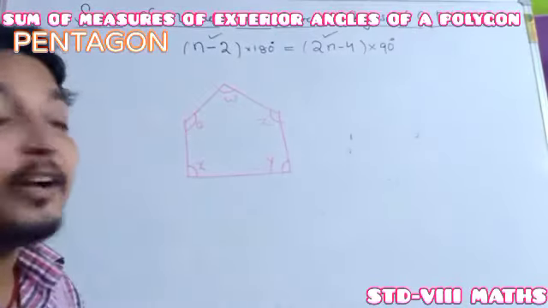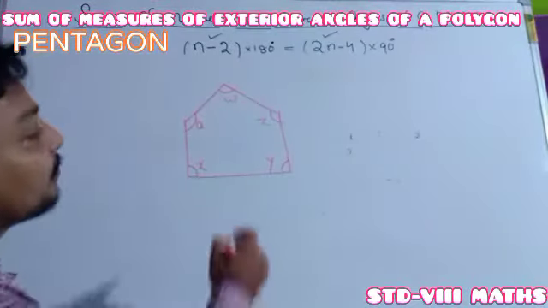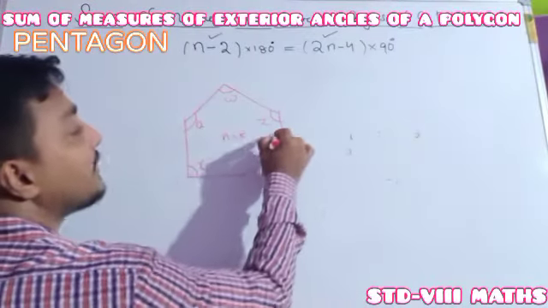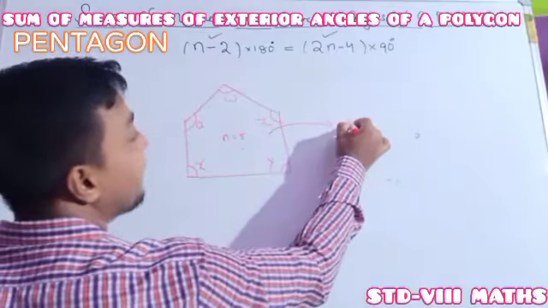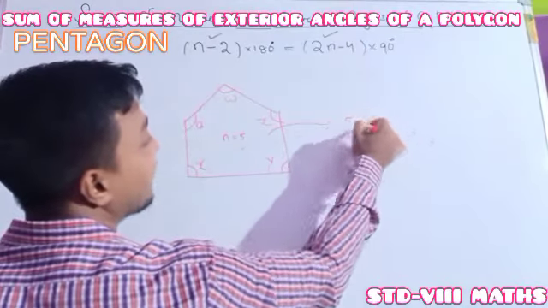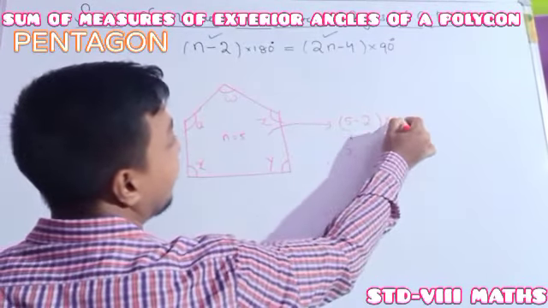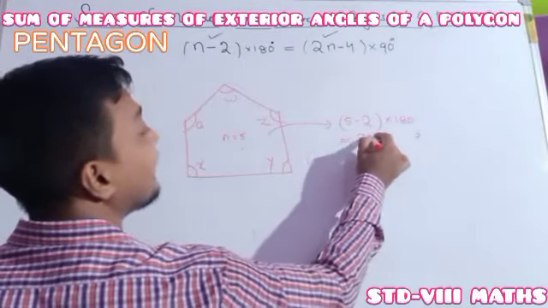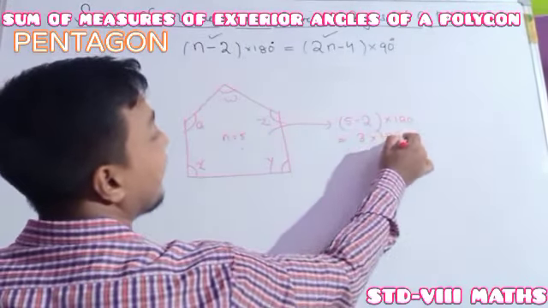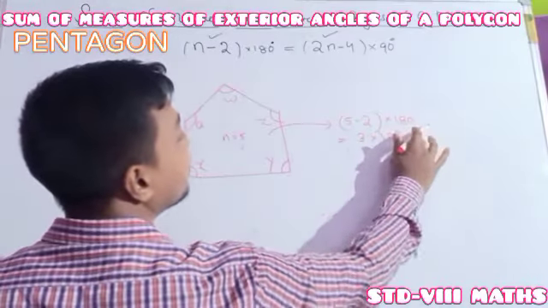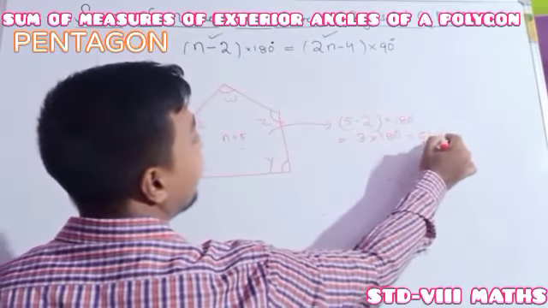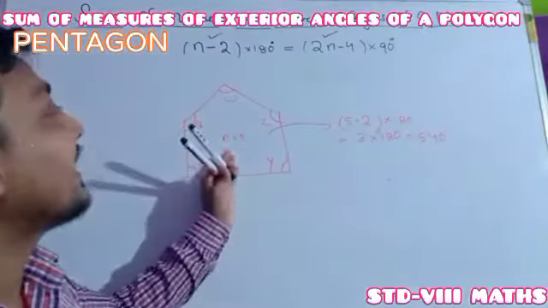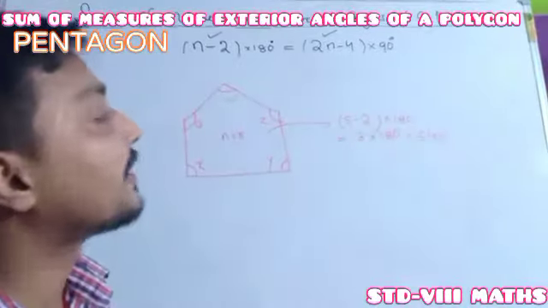The sum of the interior angles of a pentagon, everyone knows, where n equals 5, so the formula is n minus 2 into 180 degrees, which is 3 into 180 degrees, which is 540 degrees. So the sum of the interior angles of the pentagon is 540 degrees.